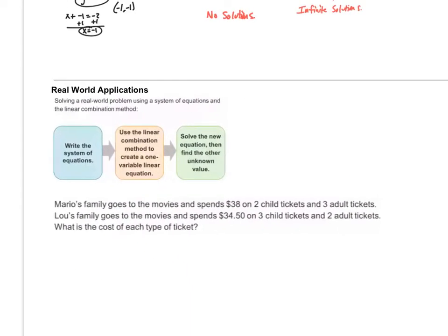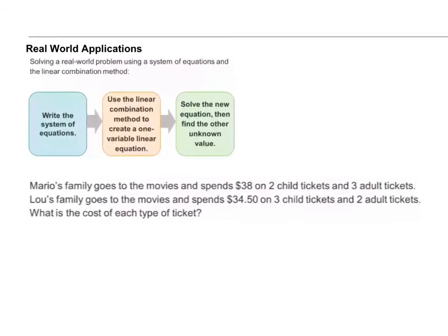Okay, so now let's take a look at some real-world applications. What I have here says, write the system of equations. In this problem, Mario's family goes to the movies and spends $38 on 2 child tickets and 3 adult tickets. Lou's family goes to the movies and spends $34.50 on 3 child tickets and 2 adult tickets.